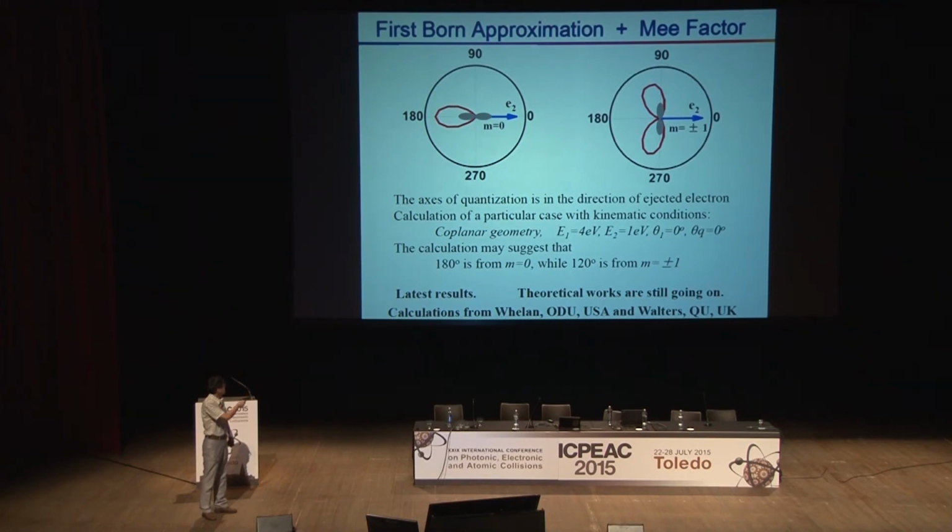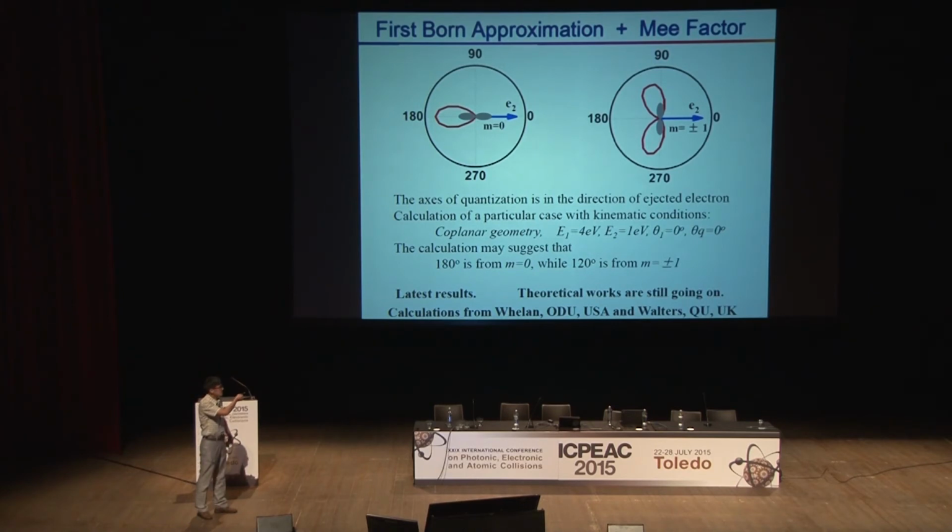Then here we fix the emission angle of one electron and the magnetic quantum number, and plot the emission angle of the other electron. We found that for M equals 0, we get a back-to-back emission, but for M equal to plus or minus 1, we get an angle between the two electrons of around 120 degrees.